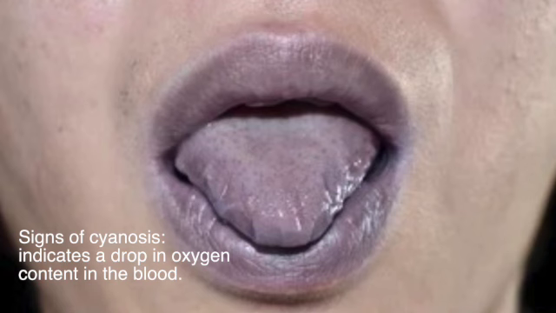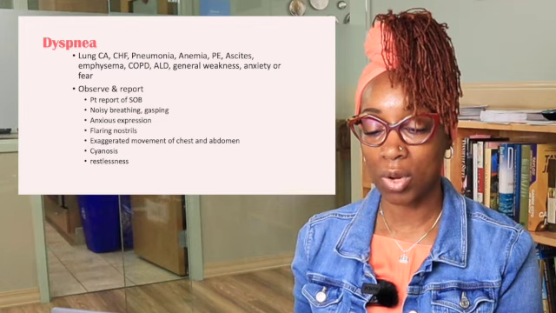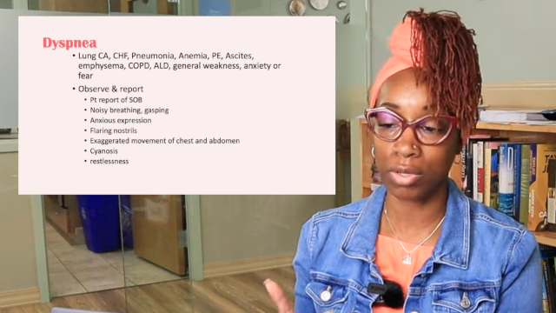Cyanosis, if it looks like they're blue, like have bluish tints around their mouth or even their fingertips. Restlessness, those are things that could lead you to notice more of the dyspnea.